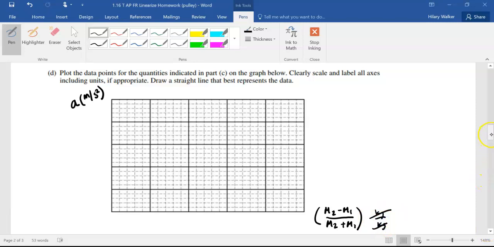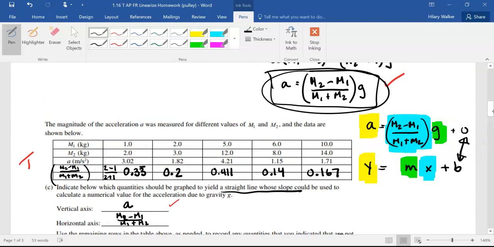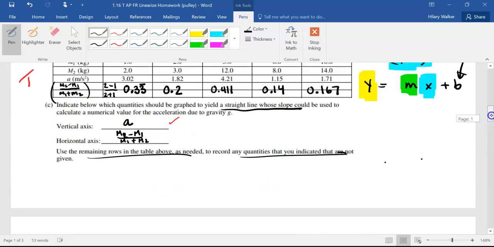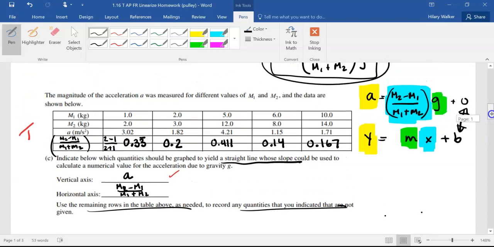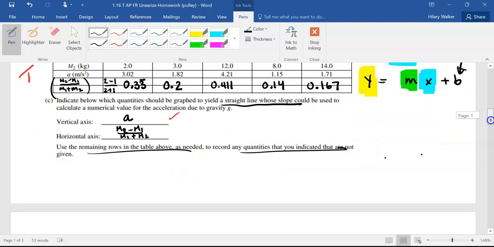Let's look over our data and choose a scale. For acceleration, that's pretty easy. It goes from about 1 to a little over 4, and I have 5 points, so I'm going to count by ones for acceleration. For the other scale, we go to a little less than 0.5, so I'm going to count by 0.1.